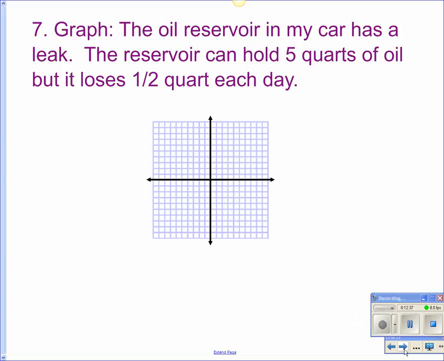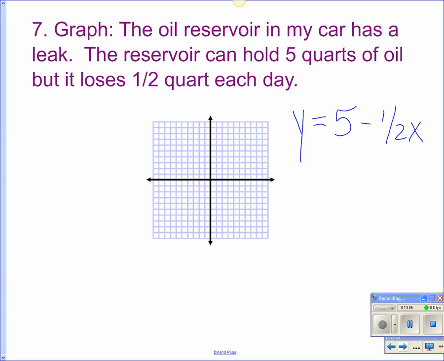All right, number 7. The oil reservoir in my car has a leak. The reservoir can hold 5 quarts of oil, but it loses half a quart each day. Jacob Shelton, help me with my y equals. Perfect. 5 minus 1/2 x.